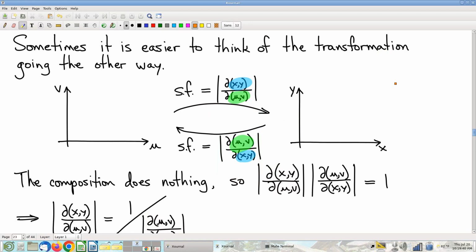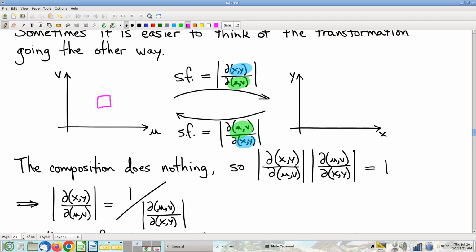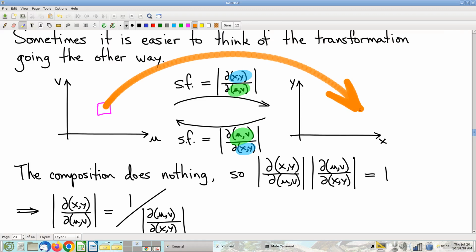Because after all, let's think about this process where I have some little piece of area over here. And, oh man, my elbow. Some little piece of area there. And what would happen if I did this, where I take that area, I push it over to the right, and then I pull it back to the left?